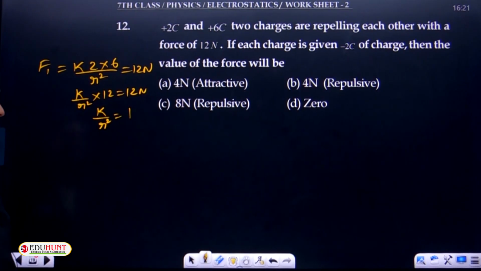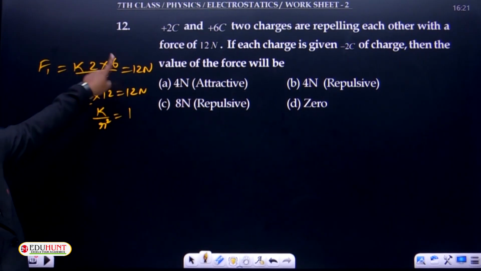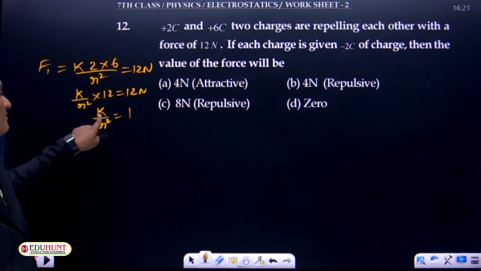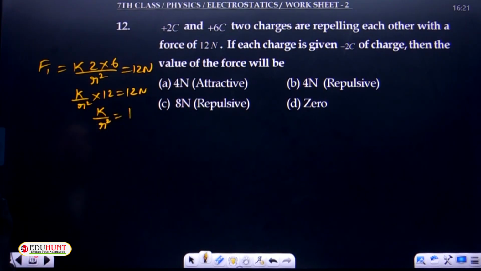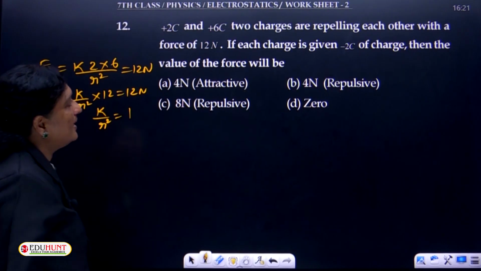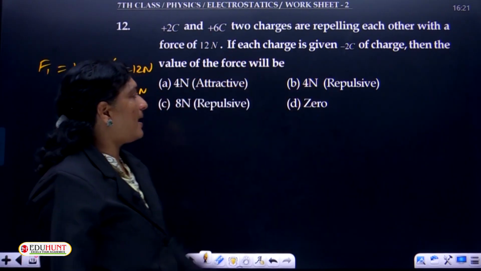Keep it aside. So K times 2 into 6 by R square is 12 Newton, 2 into 6 is 12. So K by R square into 12 is 12 Newton, or K by R square is equal to 1.